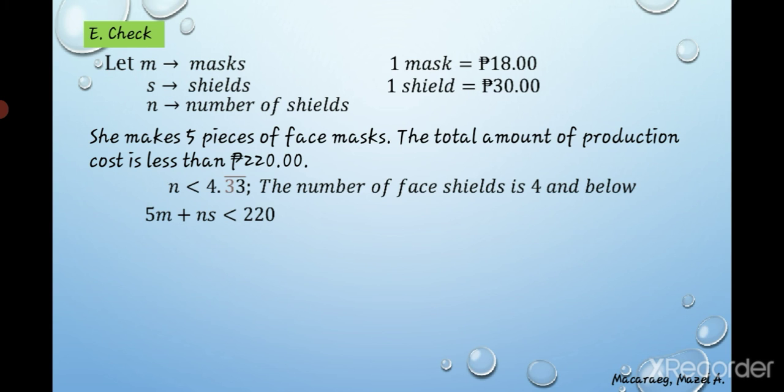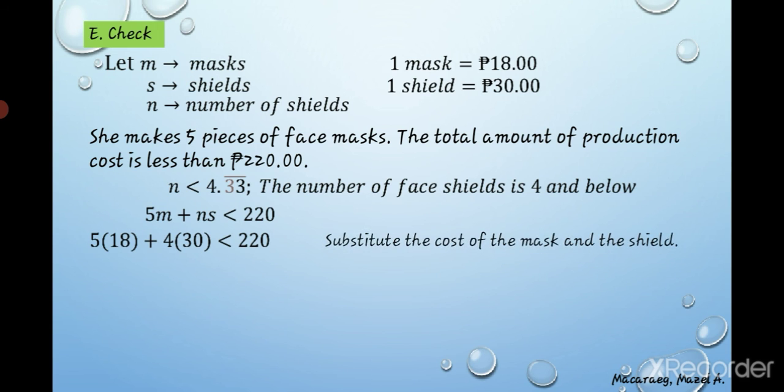We now substitute the values. 5 times 18 plus 4 times 30 is less than 220. What happened to the symbol n? We use 4.